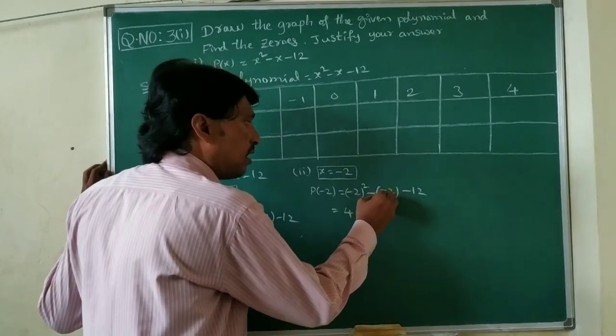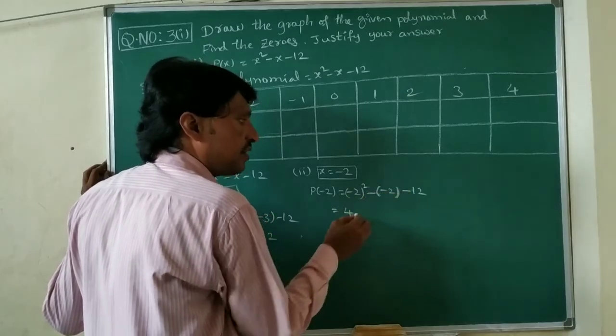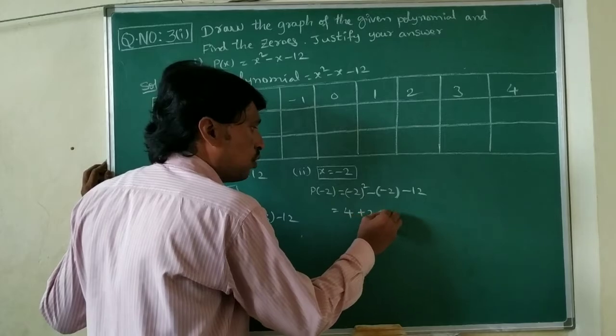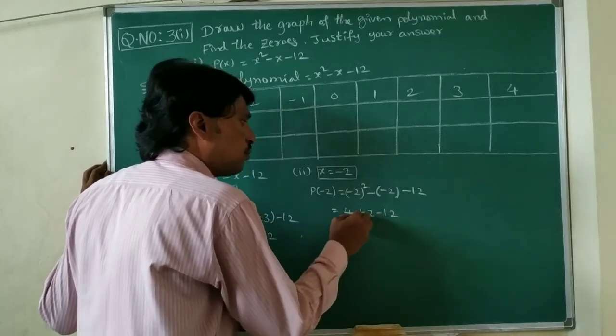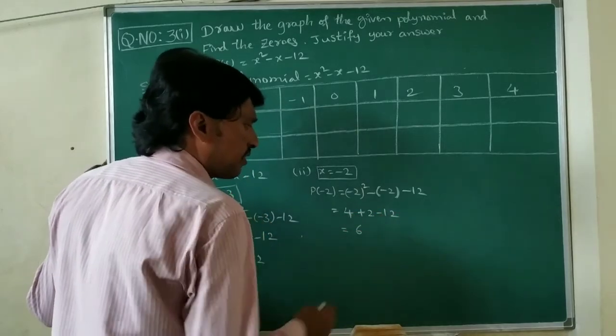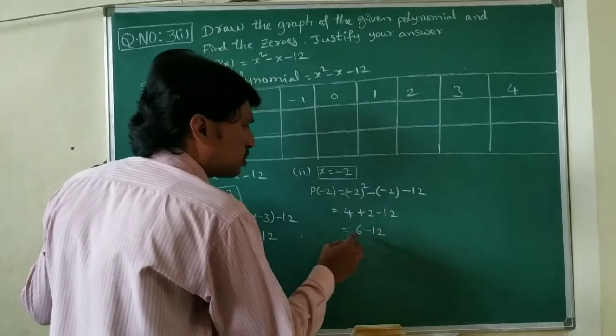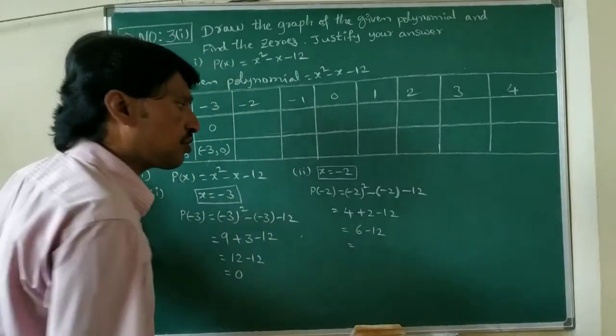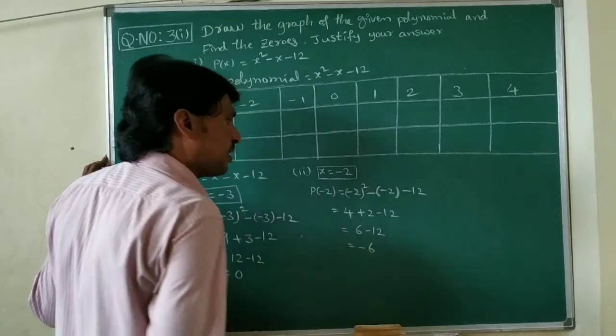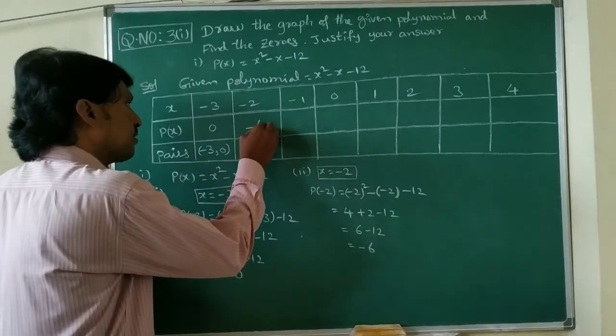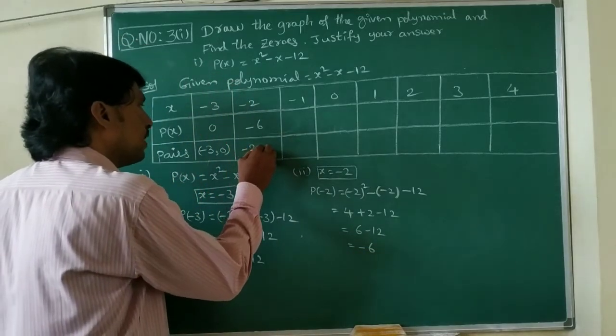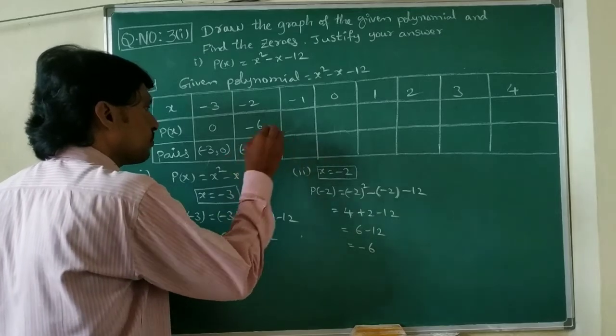Here minus of minus 2 means bracket means into, minus into minus plus 2, minus 12. Both are plus, you can add it, 6 minus 12. We need to subtract, means minus 6 we are getting. So the pair is minus 2 comma minus 6.